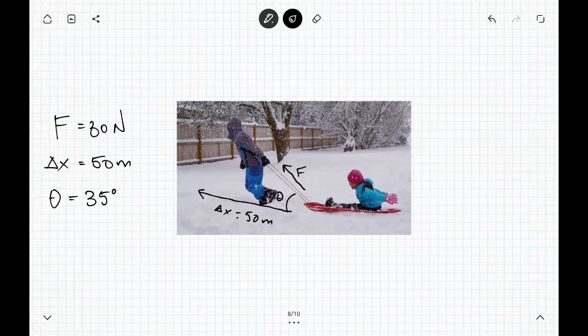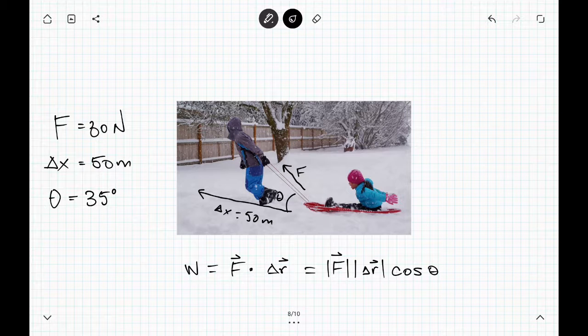So how do we solve this problem? Well, we know that the work that's done is equal to the force dot product with the distance. And we can alternatively write that formula as the magnitude of the force vector times the magnitude of the distance vector that's traveled times the cosine of the angle.